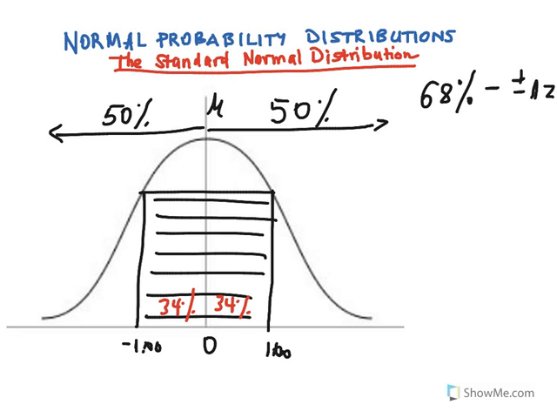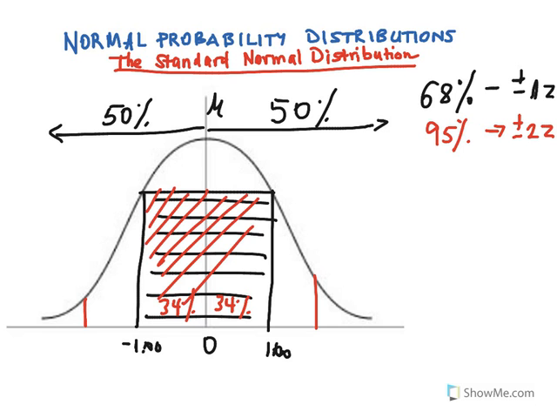Now we said that 95% of all cases will fall between two z's. Two z's are right over here. So the middle 95% will include the 68% plus 27 more percent.